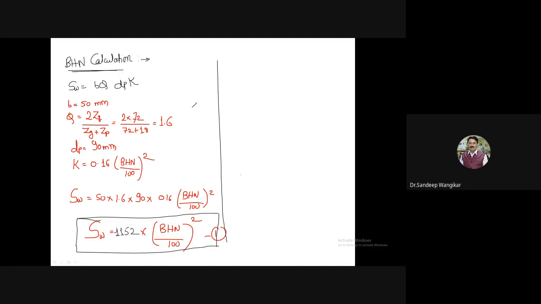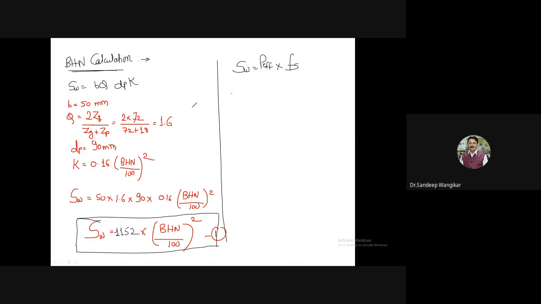Then the next equation I will use is SW is equal to P effective into FS, the factor of safety.